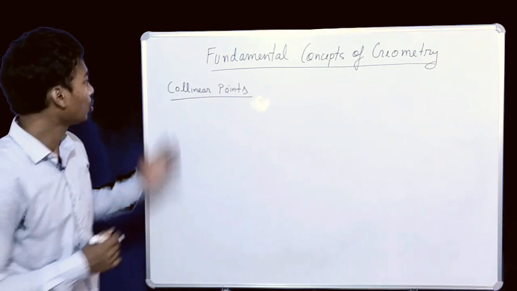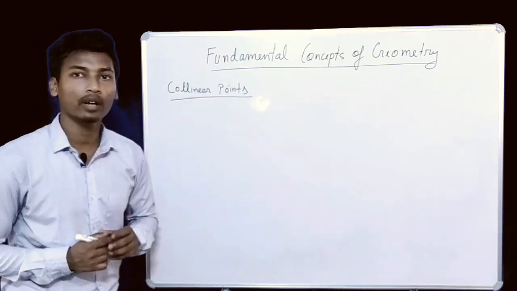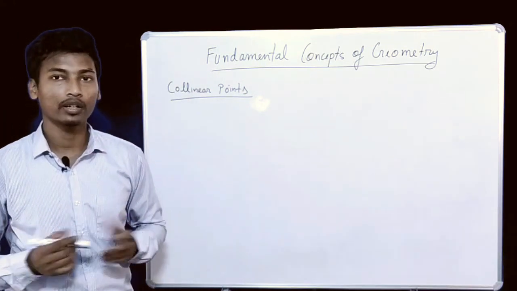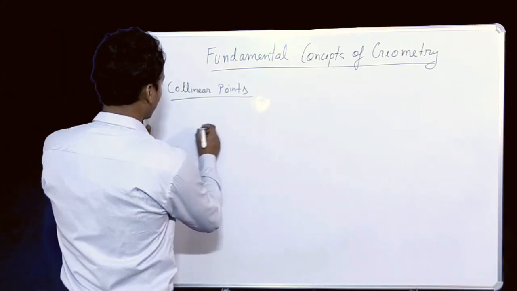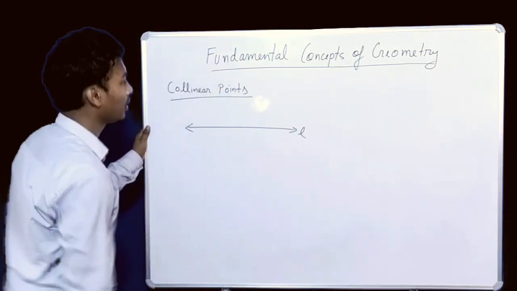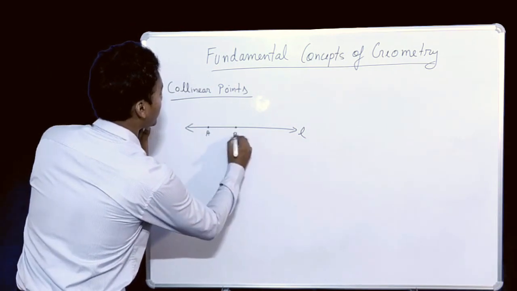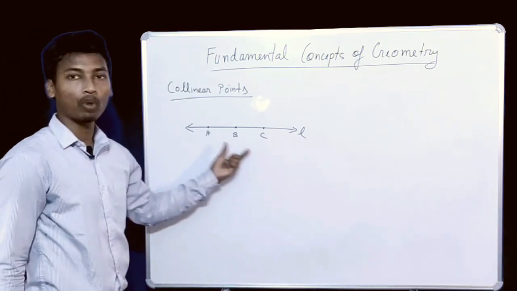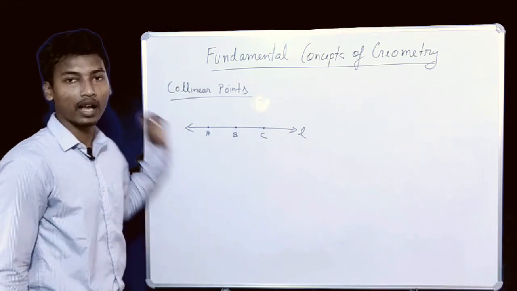Next, collinear points. What are collinear points? 3 points are said to be collinear if they lie on the same line or the same line segment. Let's take a line L and take the points A, B and C. Here you can see that points A, B and C are lying on the same line.